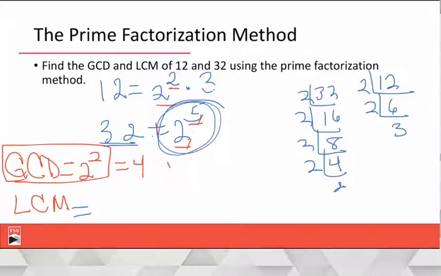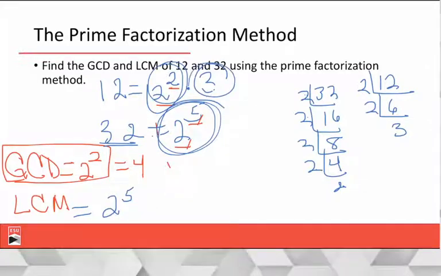Now, if there are 5 2's there, 2 2's will still divide it, right? Because 4 divides 32. And so we need all of those 2's to be there. Now, for it to be a multiple of 12, we need a 3 to be there. Now, 32 doesn't have a 3, but if I multiply it by 3, it's still a multiple of 32.